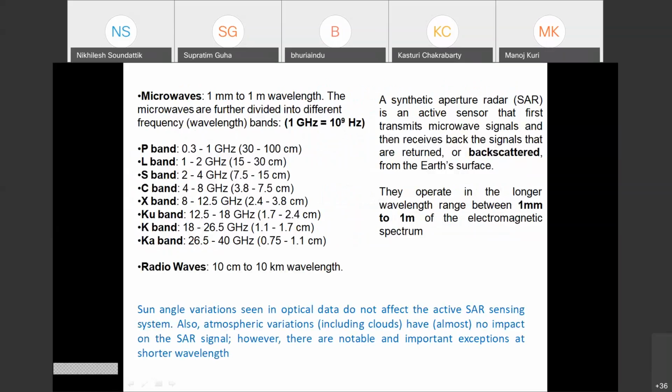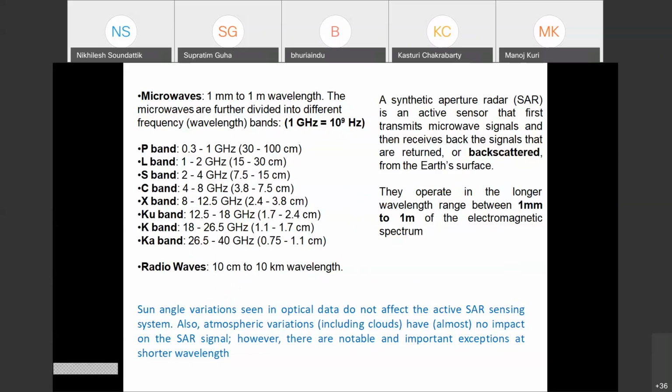Further, we have the microwave region, where we have several bands, and our study mostly starts from C band onwards. X band is also used in remote sensing studies, but mostly we do our study from C band onwards. In SAR applications, in the current scenario, C band and L band are mostly used.